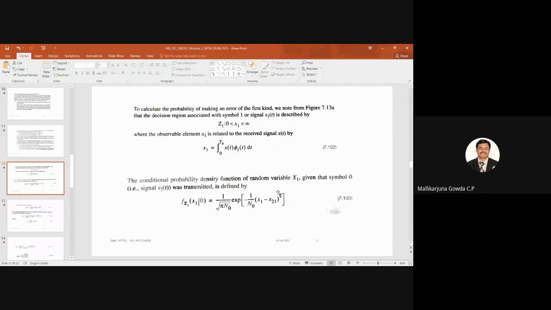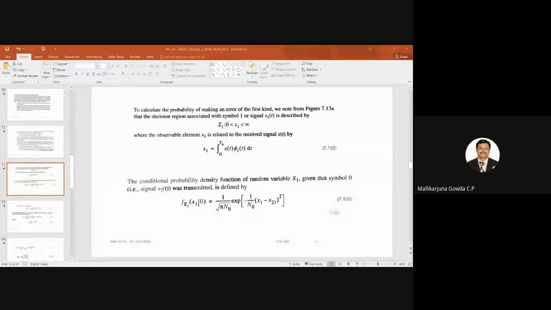Are you aware of how to find S21 and S11? You know, no? People should respond. You know how to find S11 and S21 because I know what S1 of t and S2 of t are.